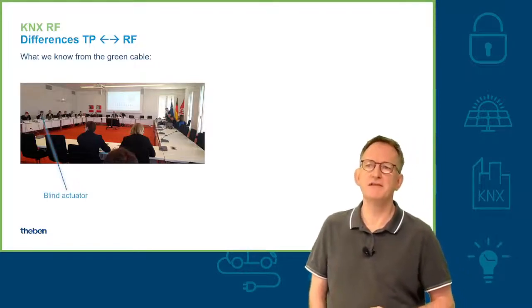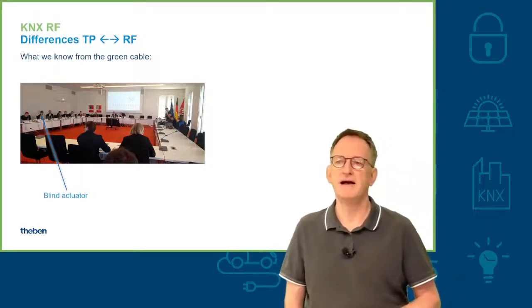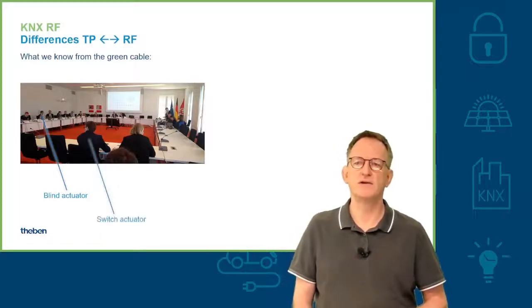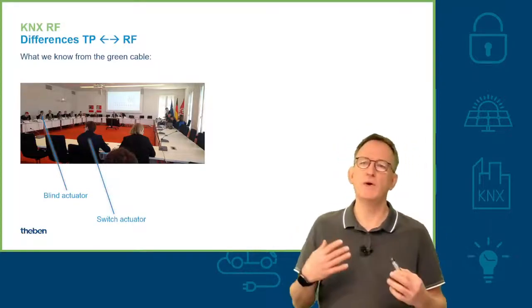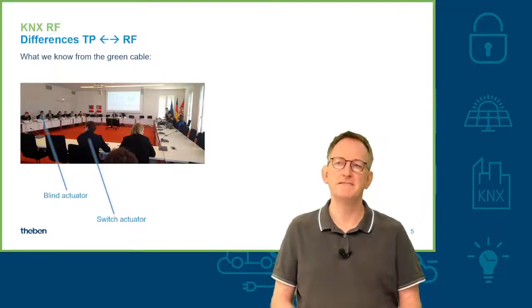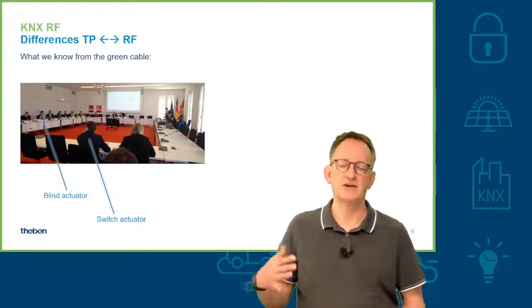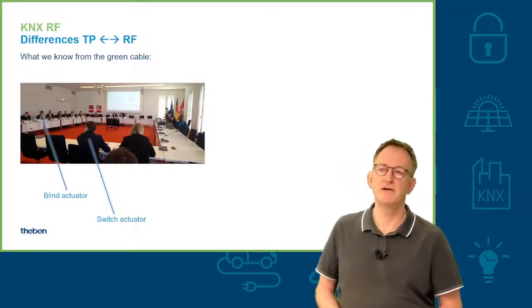For example, if the blind actuator, that one person here, would like to talk to the switching actuator by sending a telegram, then he will wait until all the people in the room are quiet. Then he will send the telegram from the blind actuator to the switching actuator. The switching actuator will confirm the telegram, and done.